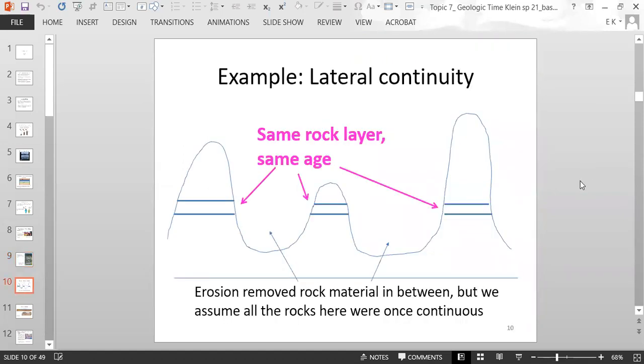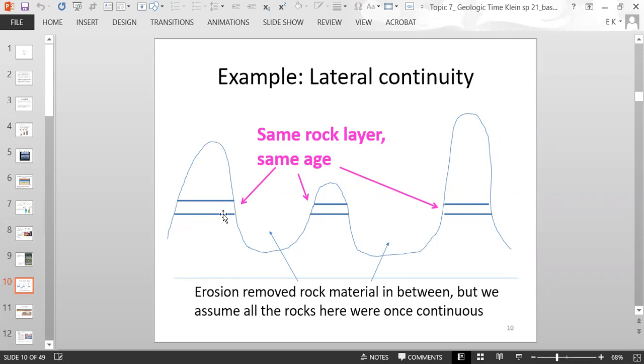Here's another example of lateral continuity. So here is this rock layer, this blue outline. This is the same rock layer. This is the same rock layer. So these sections could be really far apart from each other.